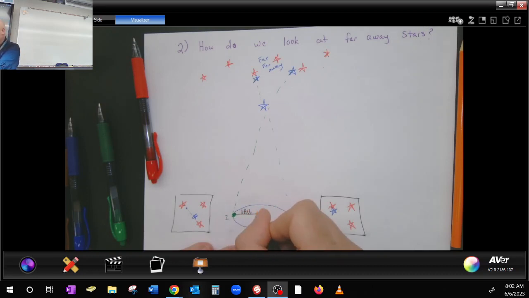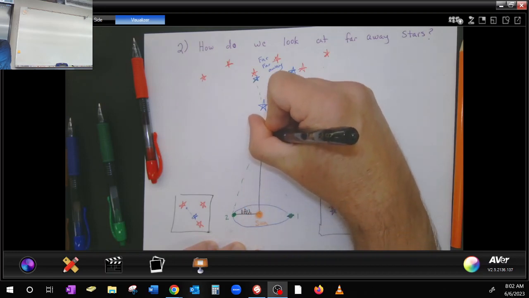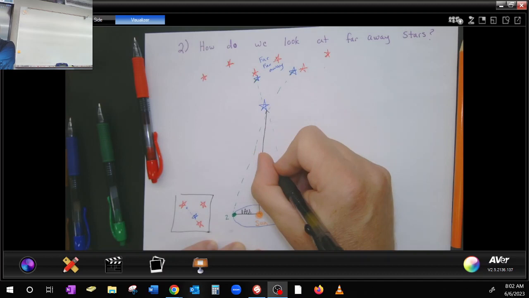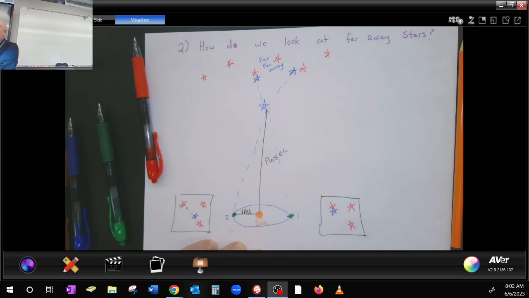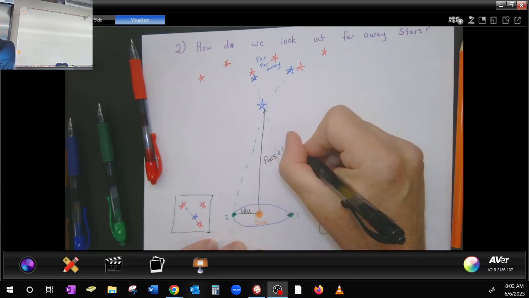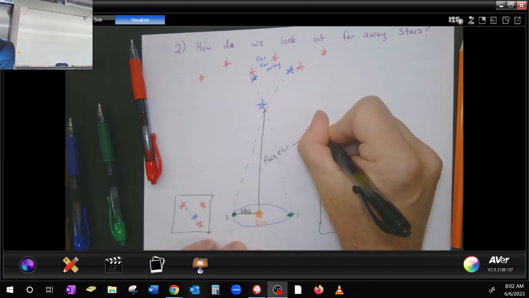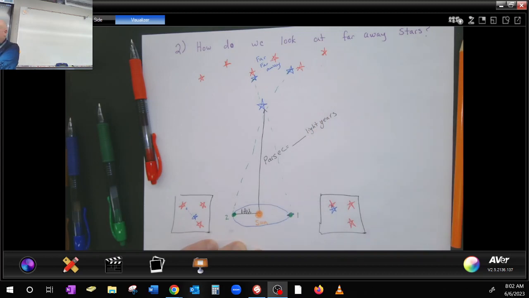That's the average distance from the Earth to the sun. It's about 93 million miles. This distance right here from the sun to the Earth is called a parsec. And that is going to be measured in not millions of miles, but light years.